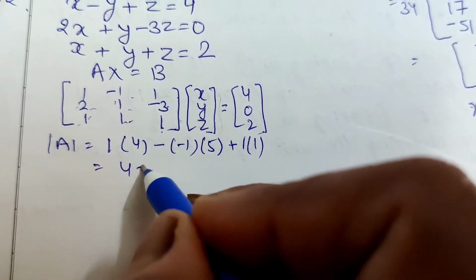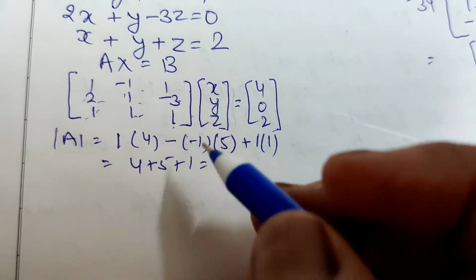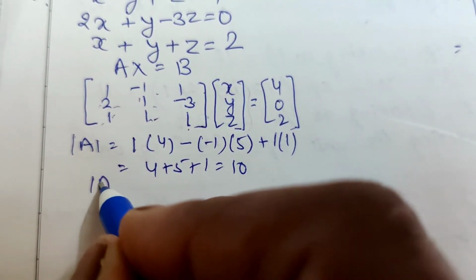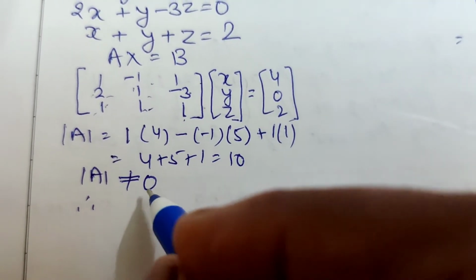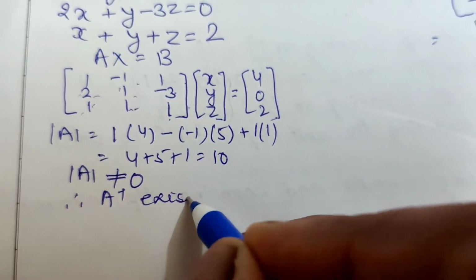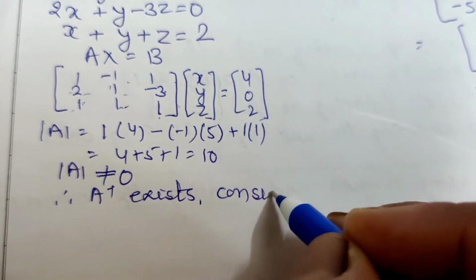It is 4 plus 5 plus 1, it is 10. The value of this determinant is equal to 10. It means the determinant of A is not equal to 0. Therefore, A inverse exists. This means the following system is consistent.